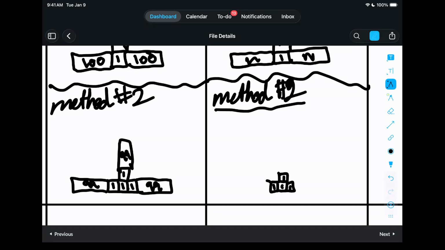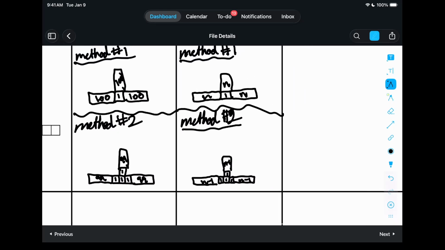So if the figure number is n, each branch is going to be n minus 1. This kind of looks really bad on the iPad. Yikes. Oh well. I'm sorry.